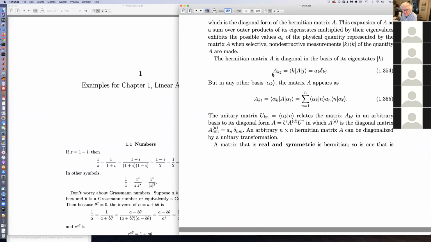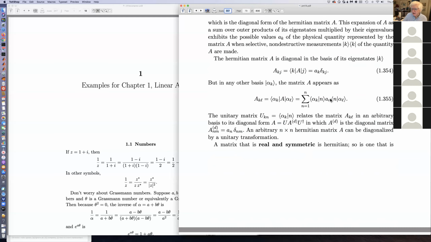In other words, if we have the linear operator A and we take the matrix element with its eigenvectors, what we get is an eigenvalue times the Kronecker delta. But in any other basis, it looks like this.